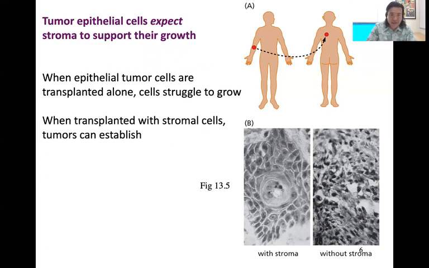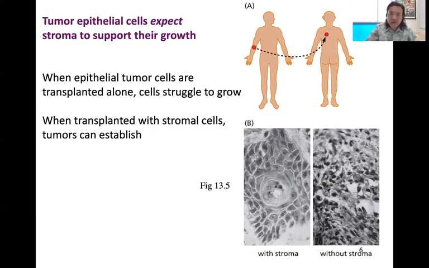Or is it so messed up and independent that it can just do whatever it wants and it doesn't matter, right? So as it turns out, and I don't think you'll be surprised about this, even aggressive cancer cells, epithelial cancer cells like carcinomas, still depend very heavily on the environment of stromal cells to continue to support them.